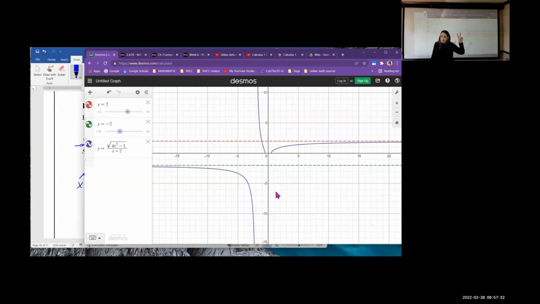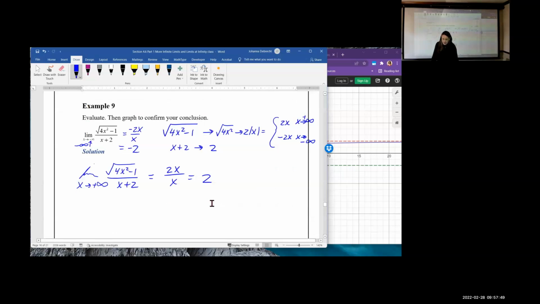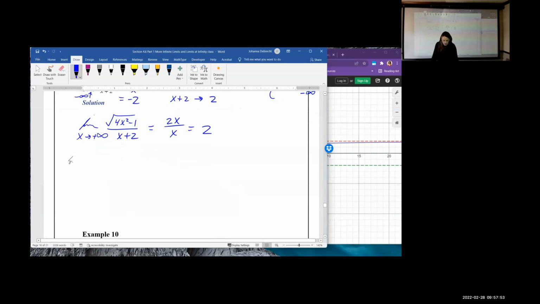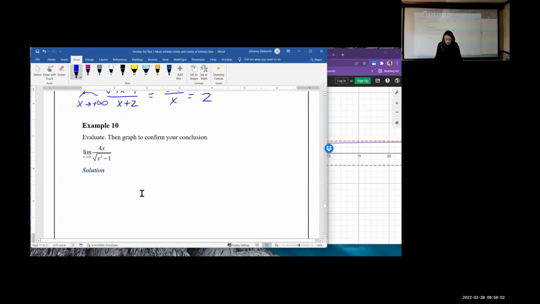Remember, you are looking for those two things, 0 in the denominator or negative under a radical. Those two things are the things that are going to cause things not to exist. And later it might be negative inside of a natural log. That can happen as well. Okay. So let's take a look at the next example. 4x over the square root of x squared minus 1.